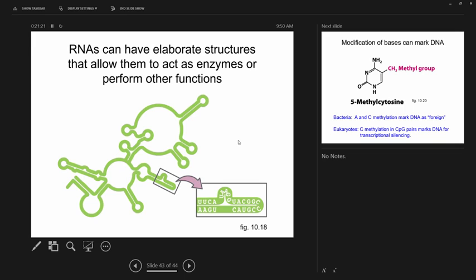Does anybody remember from introductory biology? So proteins are made out of what? Amino acids, right? And how are they put together? So DNA is put together with what kind of bonds? What kind of bonds link the sugars together? Covalent bonds, but what's the specific example?